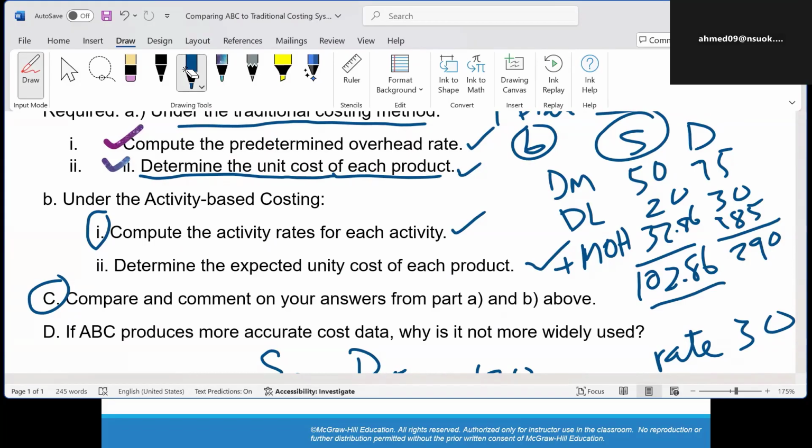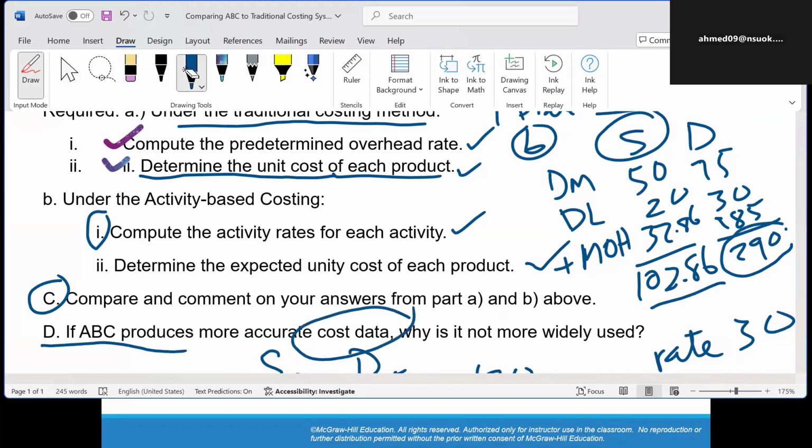And the deluxe units, under the traditional was 195, here 290. So under the traditional, deluxe units are undercosted by 95. So the traditional method, when you compare it to the ABC, creates overcosting and undercosting.